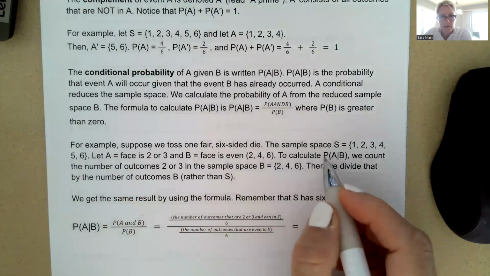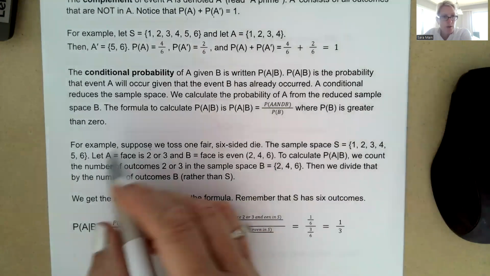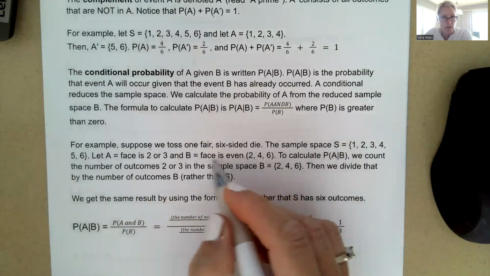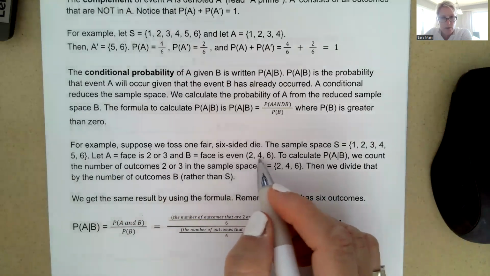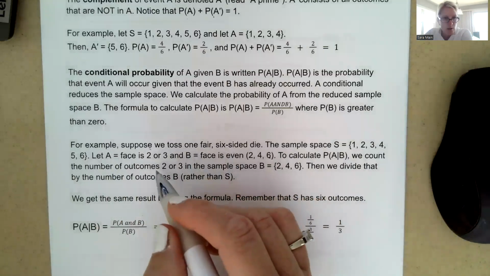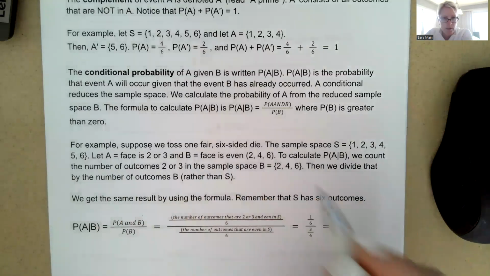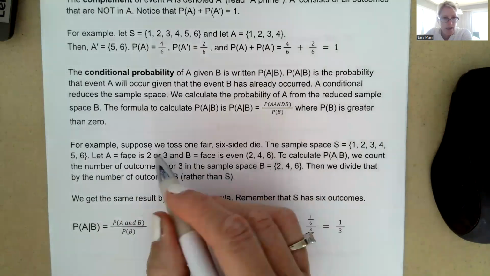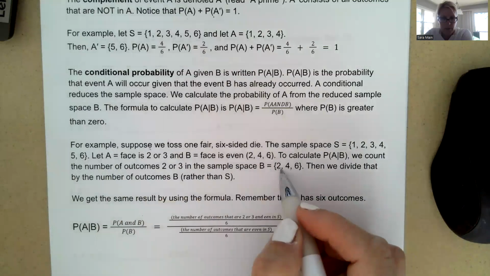To calculate the probability of A given B, we count the number of outcomes 2 or 3 in the sample space B. So given that B already happened, the 2, 4, 6, what is the probability of getting A, a 2 or 3? Well, only 1 in 3. Because if B already happened, the only way that any of A could happen is the 2.